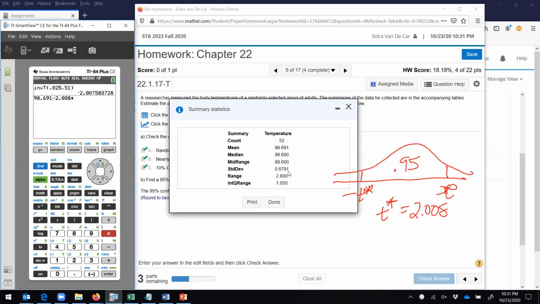So my standard deviation, 0.6791, divided by the square root of the sample size, 52. That's my standard error. Okay, there's my lower bound, and then let's do it again and change that to a plus to get the upper bound.